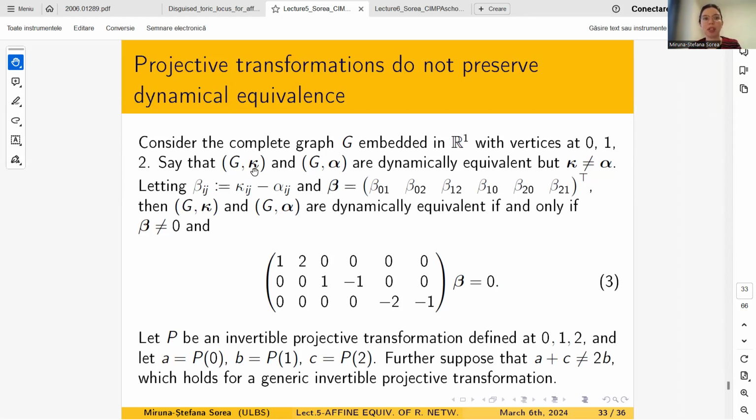Maybe you remember I started with the triangle on a line, then we went to a network that has one reaction per source, and we changed the rate constants accordingly.